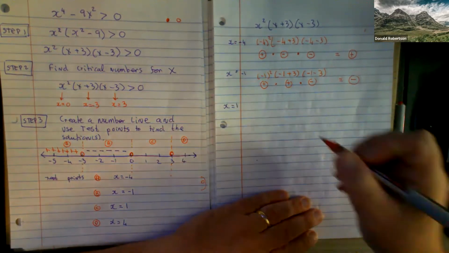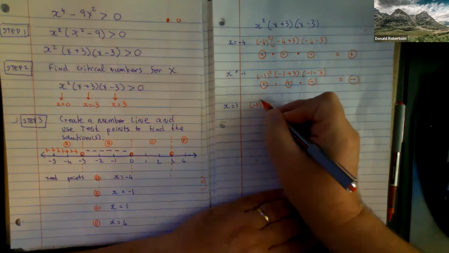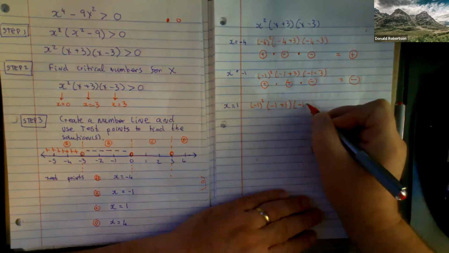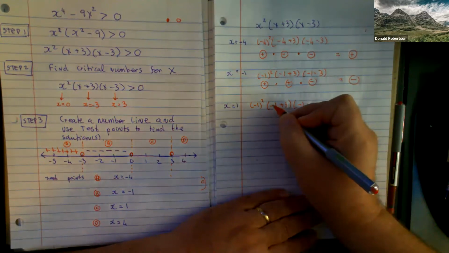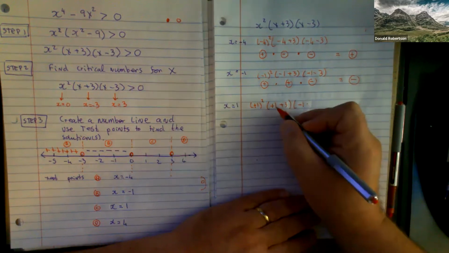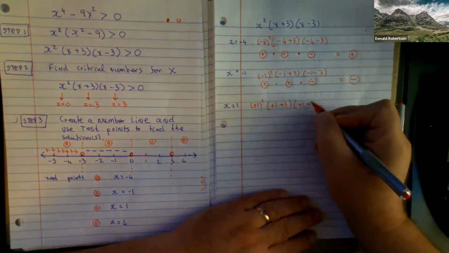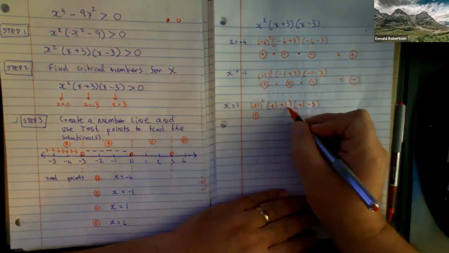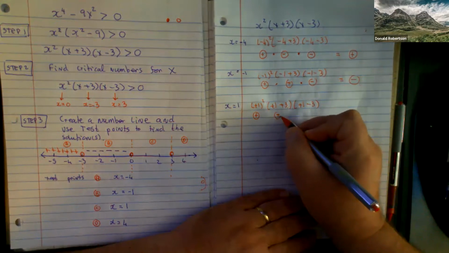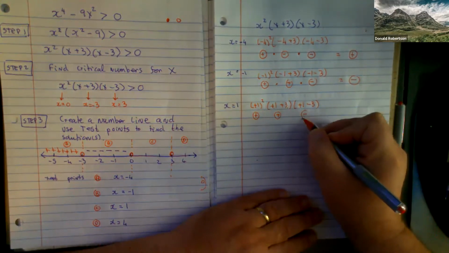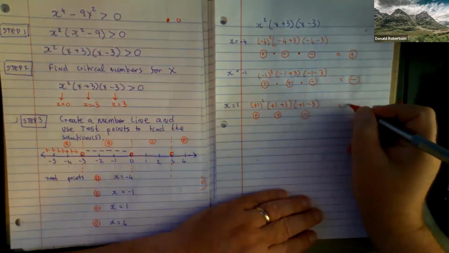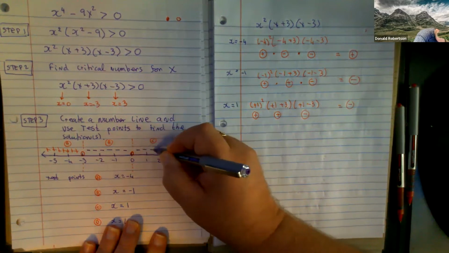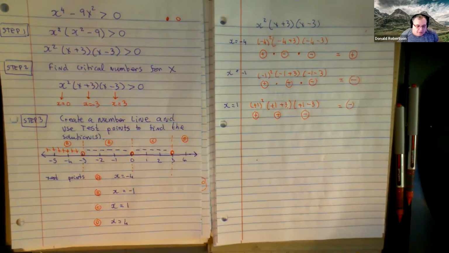This is x equals 1 now. So you go +1 squared, +1 add 3, and +1 take away 3. That's better. +1 squared is positive. Those two guys get me positive. And this guy here gets me negative. And so this combination is also negative. Here we go.